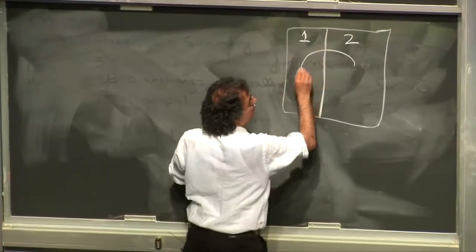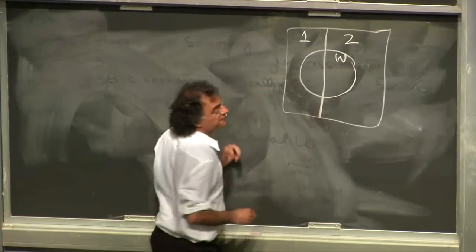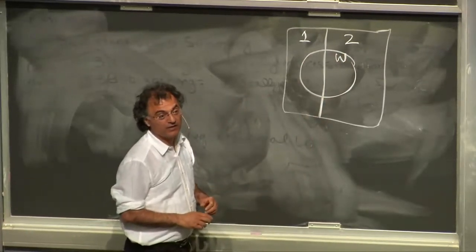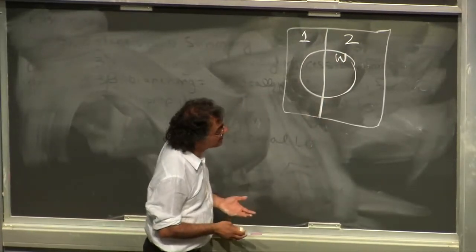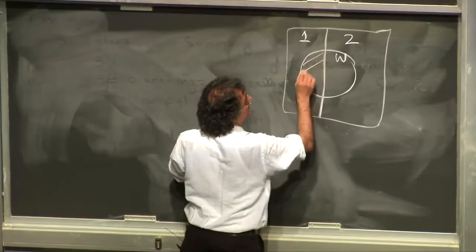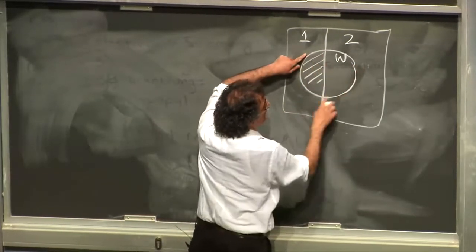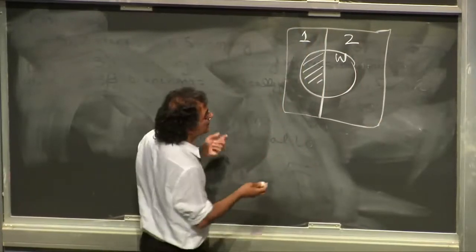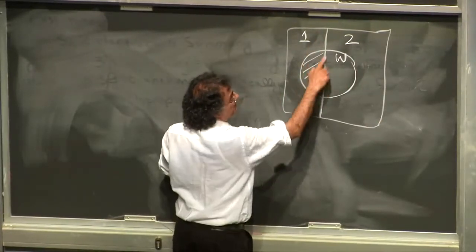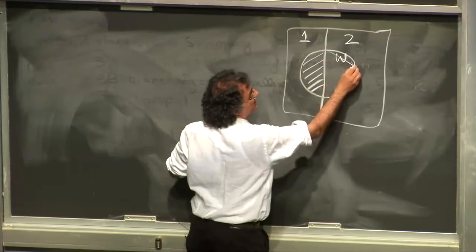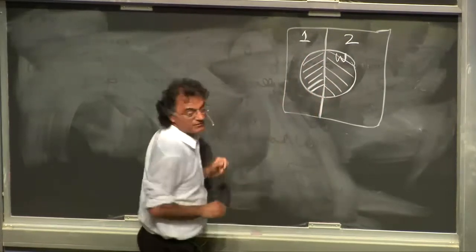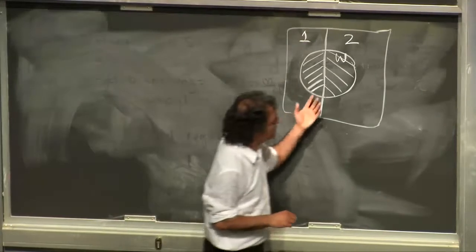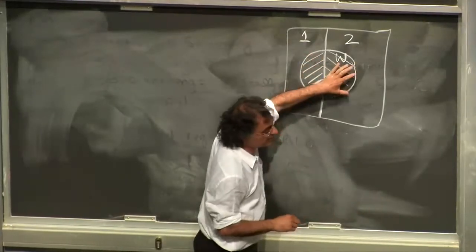And then here's the event that we got white. Now what's the probability of white? Well, it's this whole area divided by that area, and so it's equal to this area plus this area. So that's all I'm saying. It's white intersect 1 plus white intersect 2.